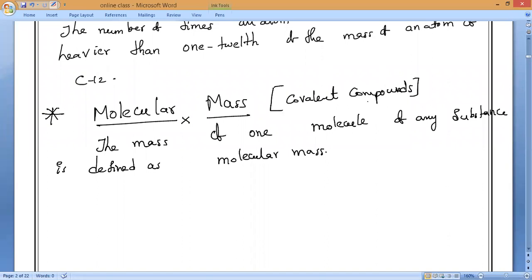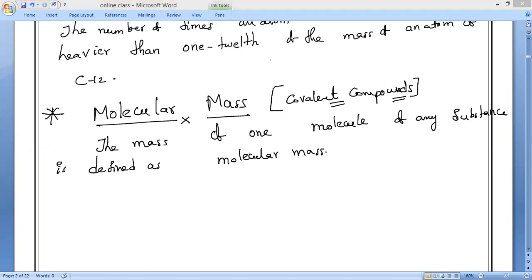But this molecular mass we are saying for either molecules of an element or molecules of covalent compounds. That is what you have to remember.